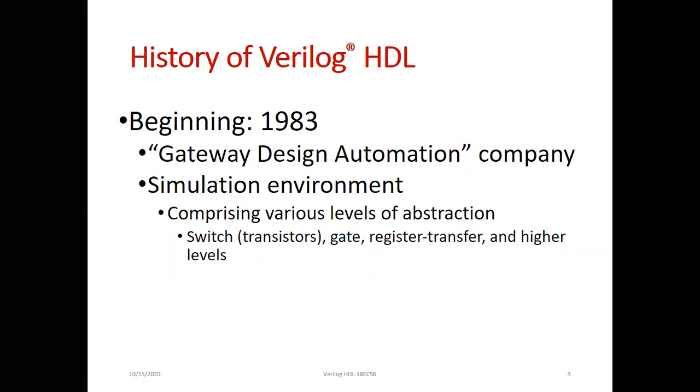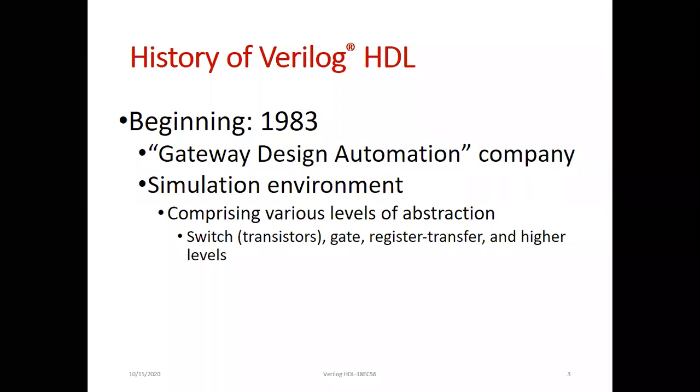The main importance of HDL is this: if you want to verify the functionality of the IC before fabricating, you need to design a circuit, and then it has to be tested with the help of simulation.